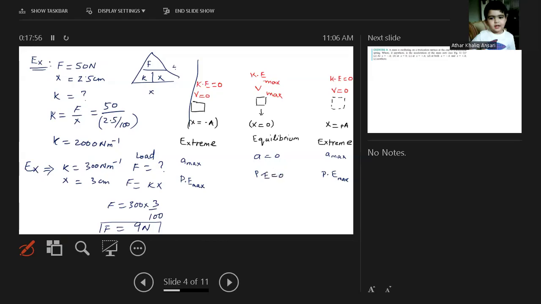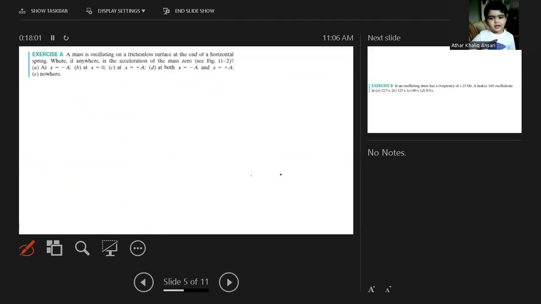Here I would like to mention a few important relations. Velocity is generally calculated by the equation v is equal to radical k over m times (a squared minus x squared). As it is a radical, you can have plus or minus. This is the velocity at any position, meaning except the extreme and equilibrium positions.